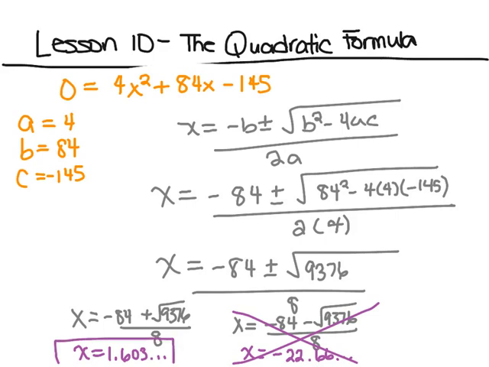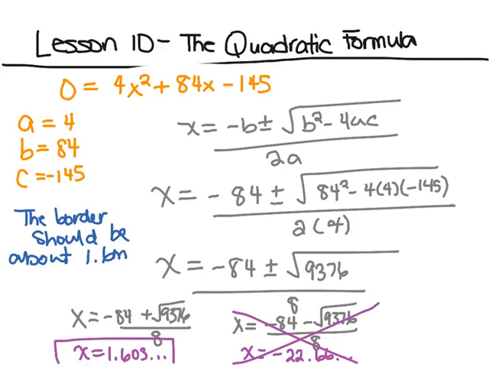So x would have to equal about 1.6, so the border should be about 1.6 meters wide to cover 145 meters squared.